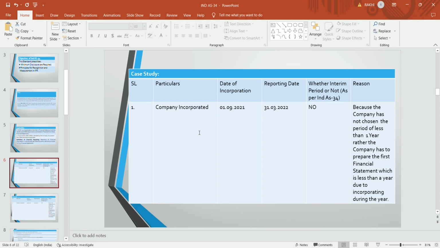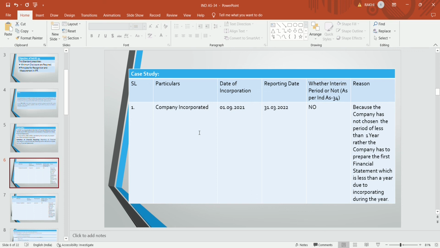Suppose a company was incorporated on 1st September 2021, and the reporting date is 31st March 2022. From the date of incorporation till the reporting date, there is a period of 6 months. Does this period count as an interim period?